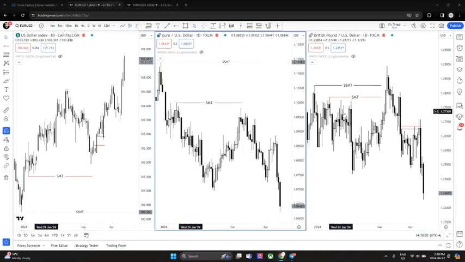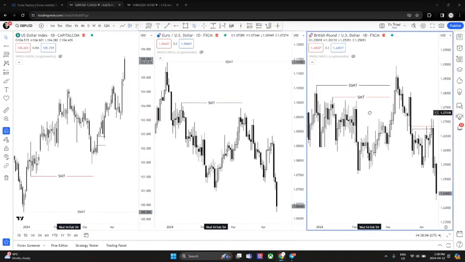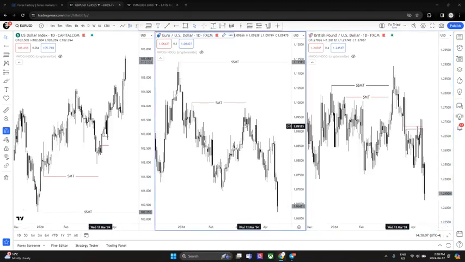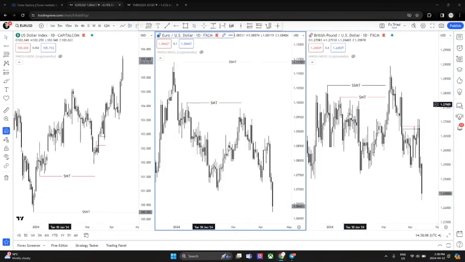This is usually followed by consolidation. So consolidation happens first, which allows price to get ready to actually expand.